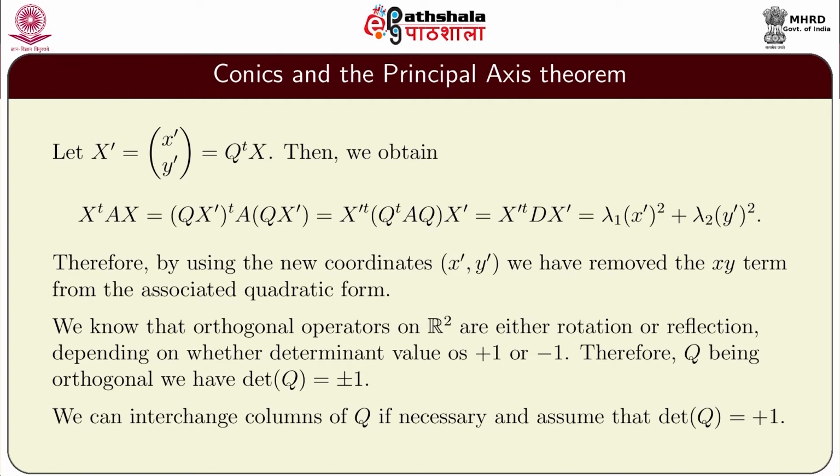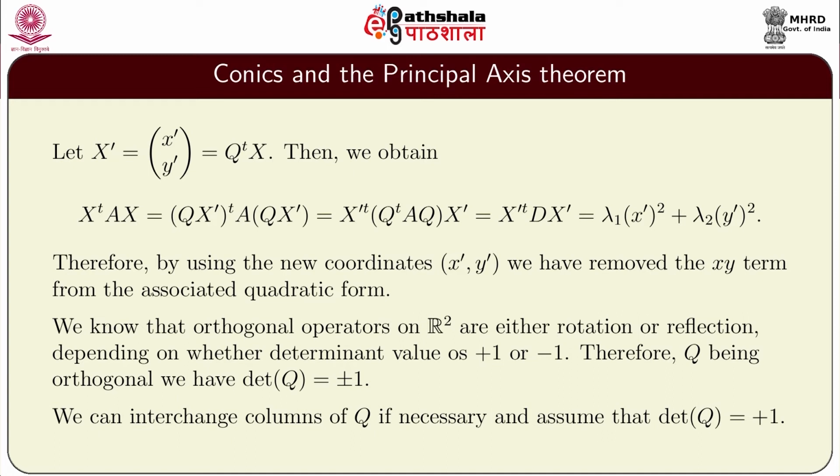We know that orthogonal operators on R2 are either rotation or reflection, depending on whether determinant value is plus 1 or minus 1. Therefore, Q being orthogonal, we have determinant of Q is equal to plus minus 1. We can interchange columns of Q if necessary and assume that determinant of Q is plus 1.